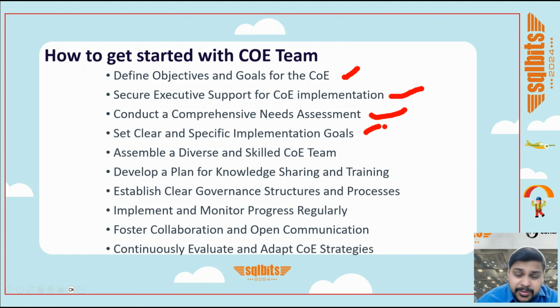Set clear implementation goals. Very simple. Skilling is key. Now here we are talking about 6 different verticals, right? Let me tell you, be honest, your Power BI team is not your Fabric expert. Fabric has a lot of other capabilities. Power BI is a key part of it, no doubt about it, but it also has core components like data engineering and data science.